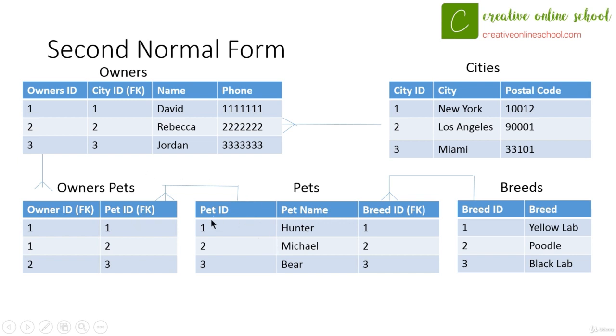What I could do here is, let's say the owner ID, the foreign key is David, so David owns the pet ID of 1 and the pet ID of 2.